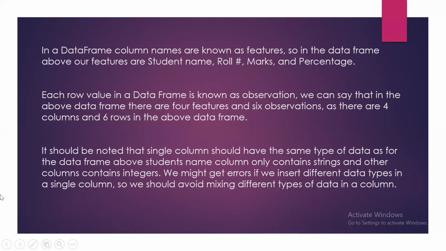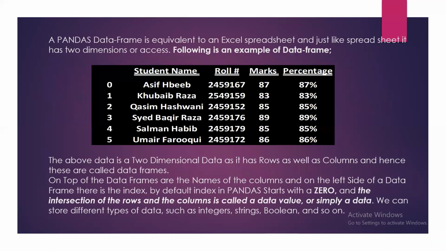It should be noted that a single column should have the same type of data. Here it is saying that the student's name column should contain only the names of the students, and the data type should be the same. Here all the data types are strings. This column should not have any numeric data or Boolean data or any other type of data.